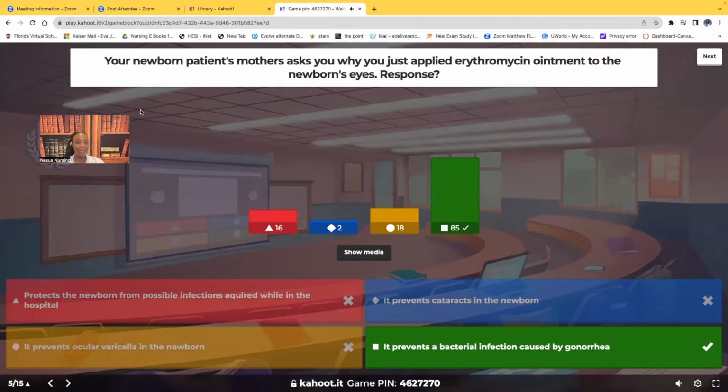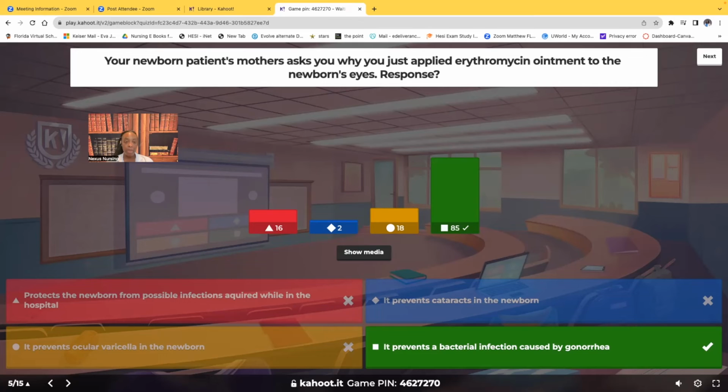Very good. That's correct. It prevents bacterial infection caused by gonorrhea, and this is mandated in every single state in America, okay? You have to do this for every single newborn, so you have to explain to the parent why.